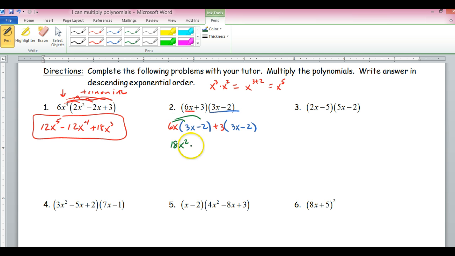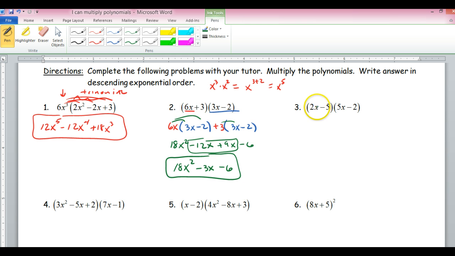Then 6x times negative 2 is negative 12x. Then 3 times 3x is 9x, and 3 times negative 2 is negative 6. When we combine like terms in the middle, we end up with 18x squared, then negative 12 plus 9 is minus 3x, then you have your minus 6. So I like to pull each term out and distribute.